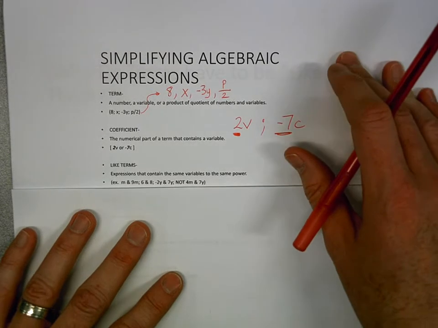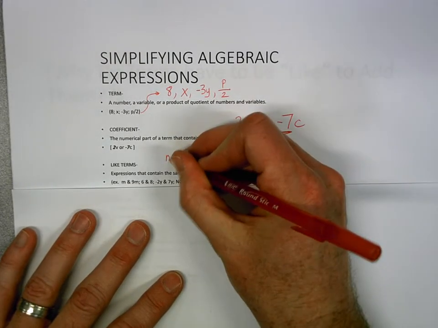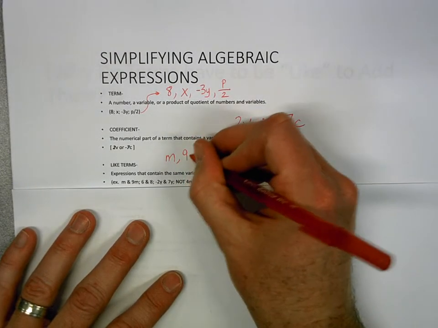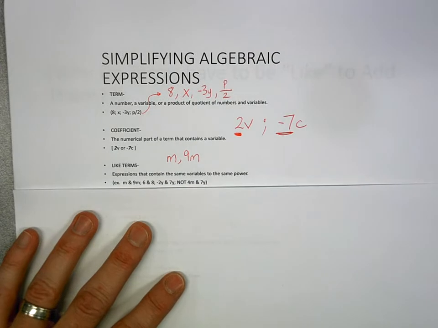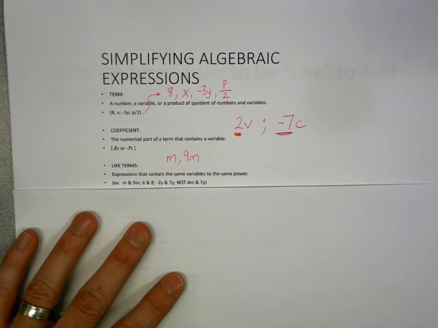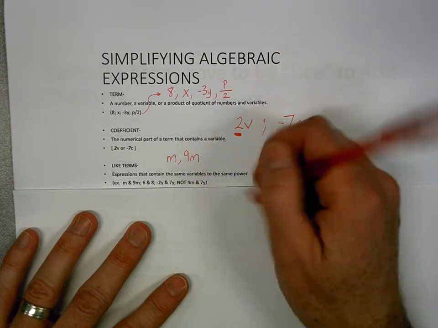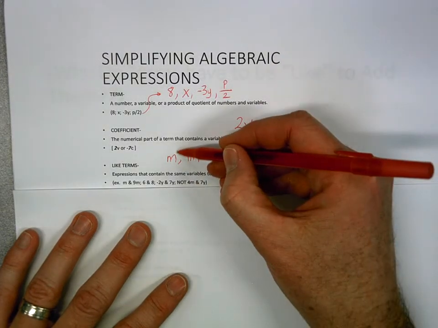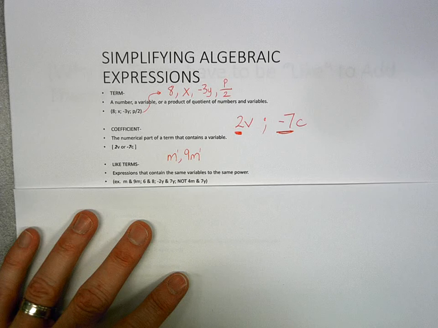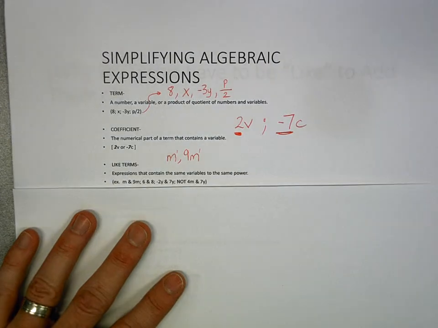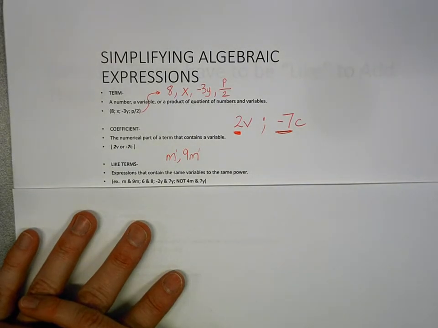For example, m and 9m are like terms because they both have the same variable. And where it says to the same power, this right here is to the first power, even though we don't put an exponent there, that's what it really is.